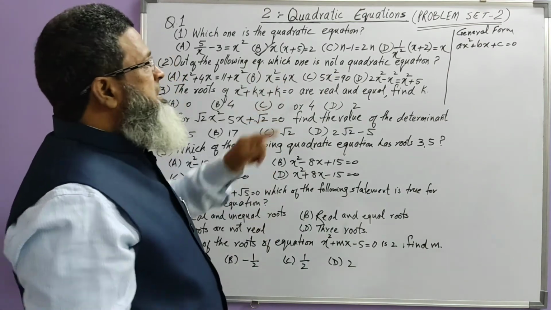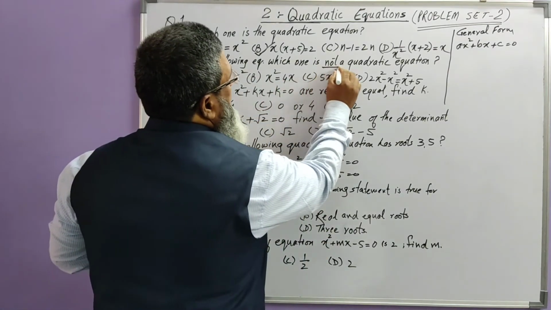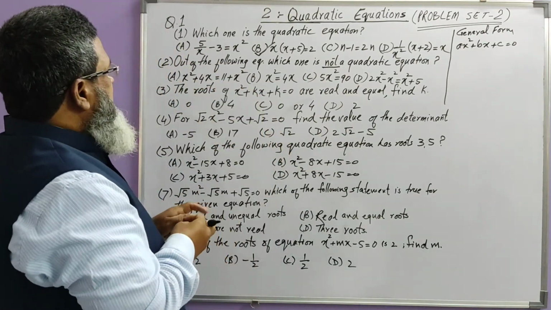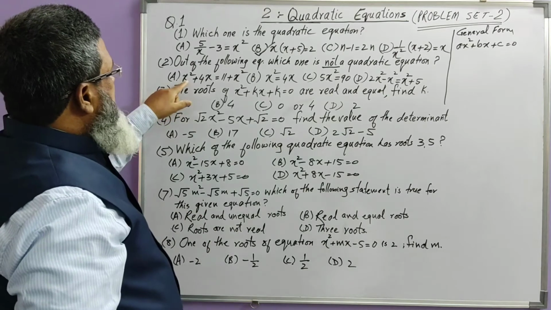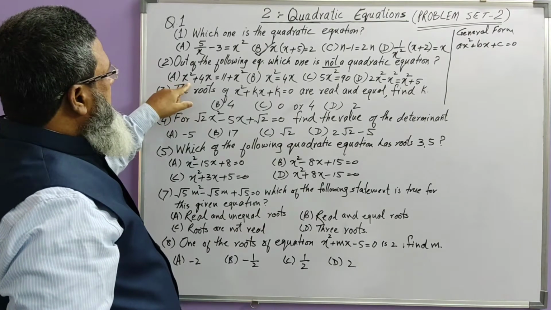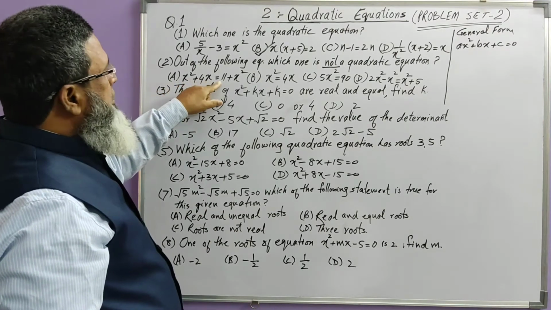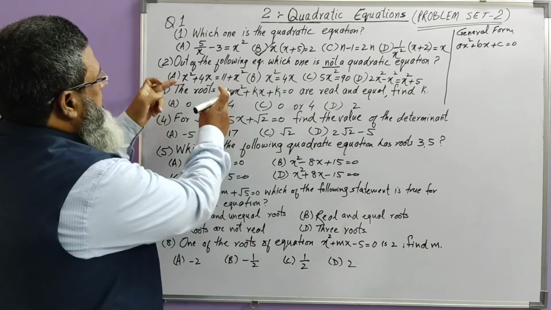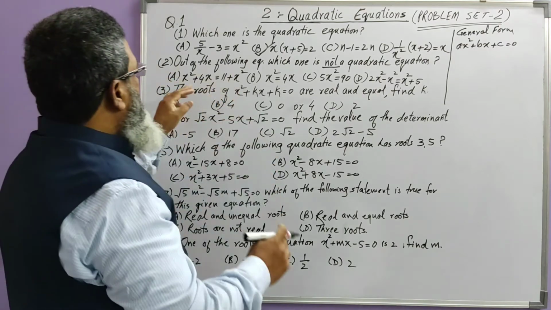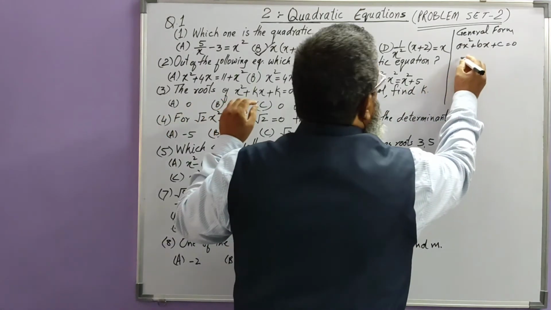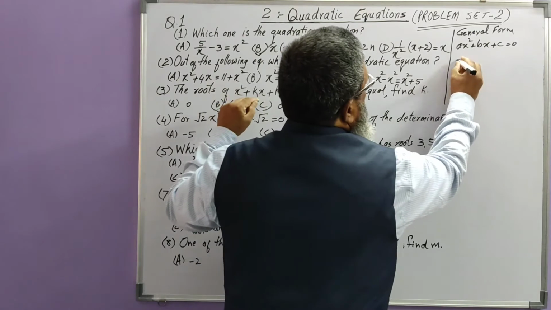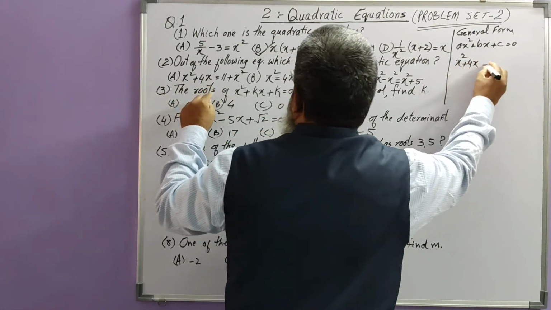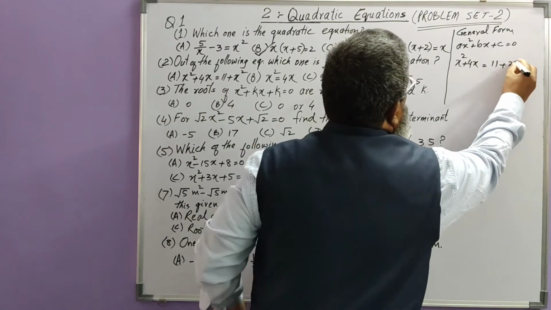Here you have to find which one is not a quadratic equation. You have to remember the instructions. See, in option A, x square plus 4x is equal to 11 plus x square. If you put all the powers together, if I explain here, x square plus 4x is equal to 11 plus x square.